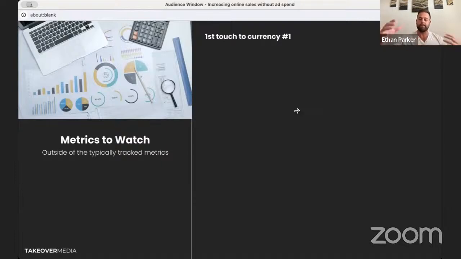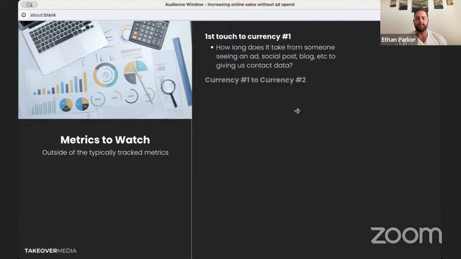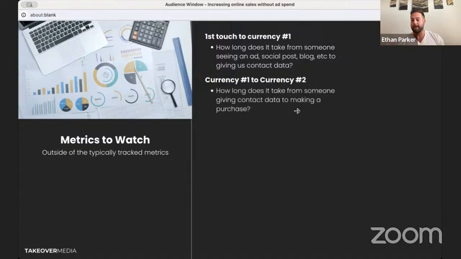So from seeing an article, an ad, a YouTube video, from that first touch, how long until we collect information, and then currency 1 to currency 2. So from information collected to actual purchase made, how long does that take? Is another really great data point to have, because it helps shape all of your marketing campaigns.